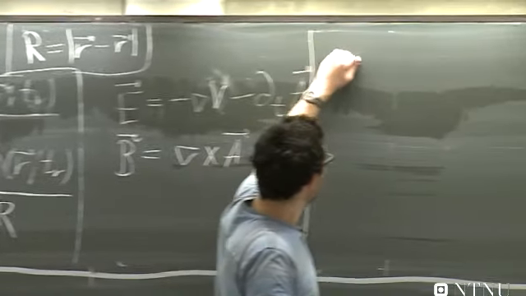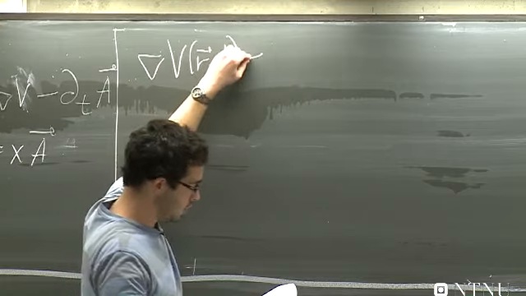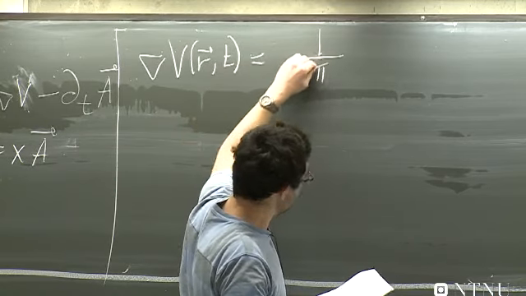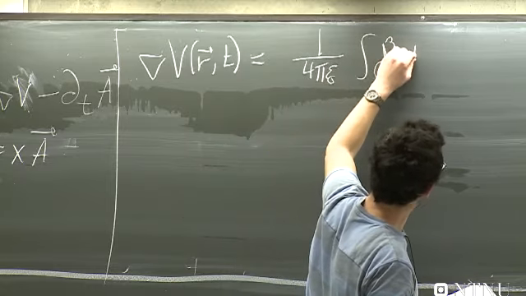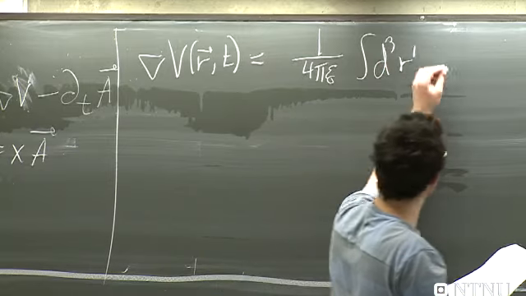So the gradient of V is the same as 1 over 4 pi epsilon naught, integral d3r prime. I move the gradient inside the integral because it's with respect to a different coordinate system.